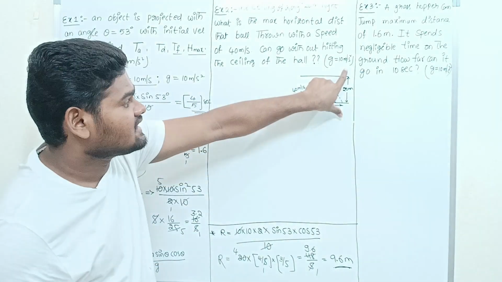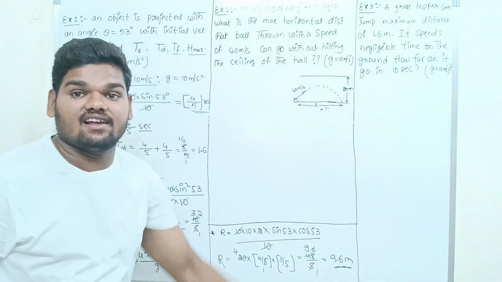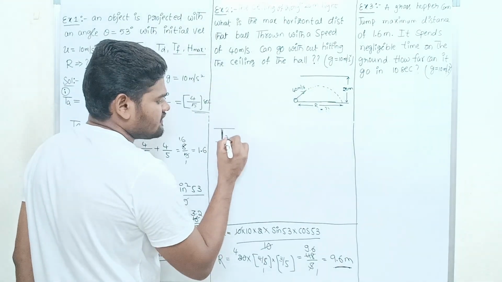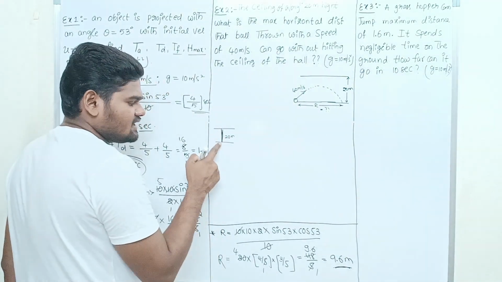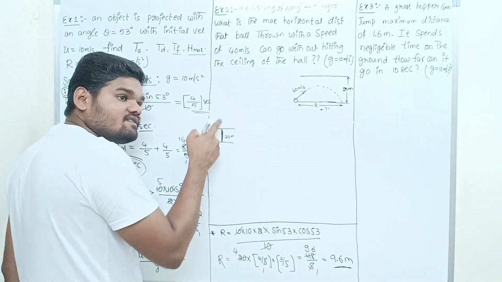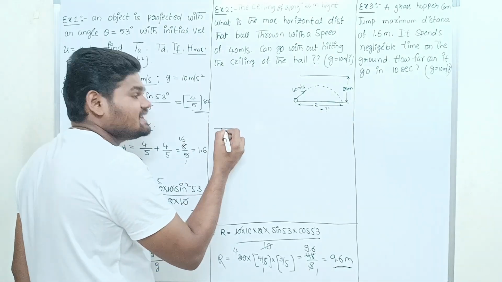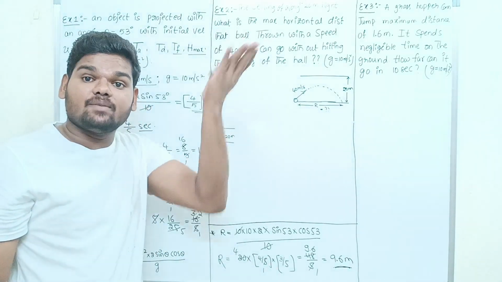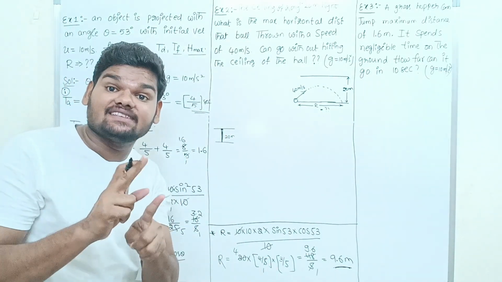So they have given the height of the ceiling of the hall, 20 meters, the height of the hall from the ground. Have a look. Ceiling means the top of the given hall from the ground. It is at 20 meters. That means it is the maximum height.